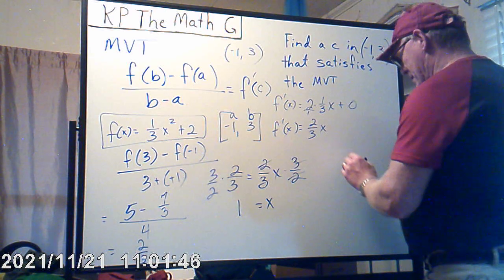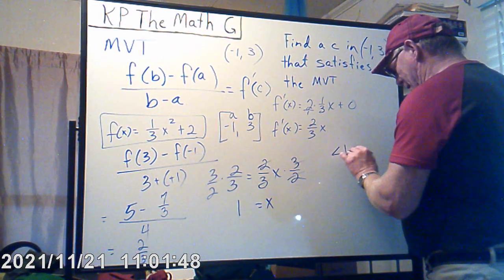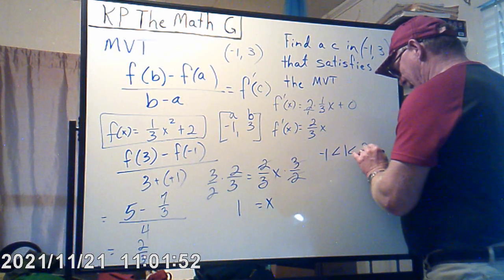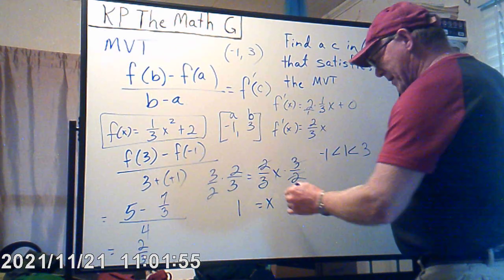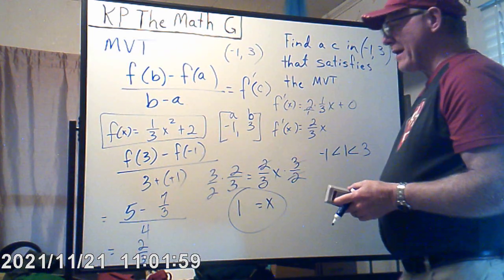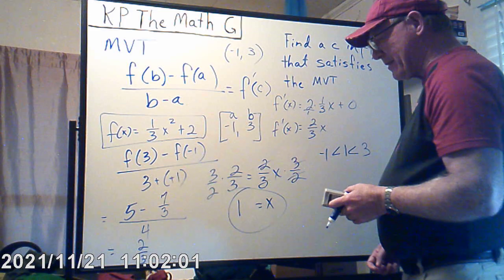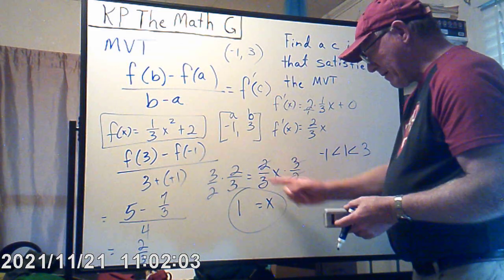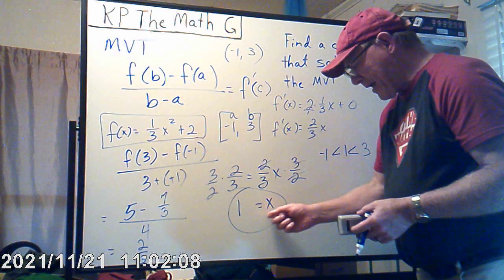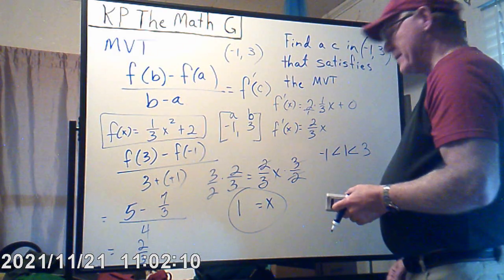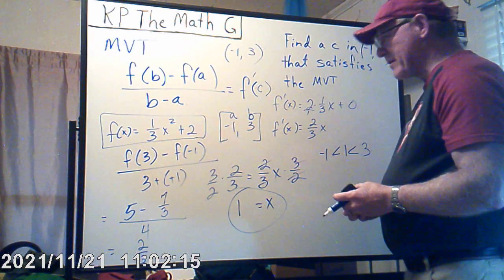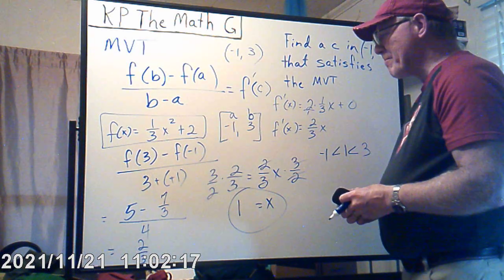So yeah, 1 is between -1 and 3, and so we can guarantee that at x equals 1, the slope of the tangent line is going to be 2/3.